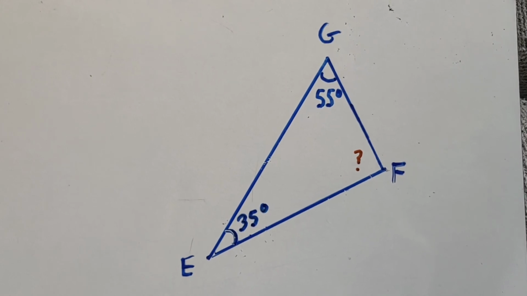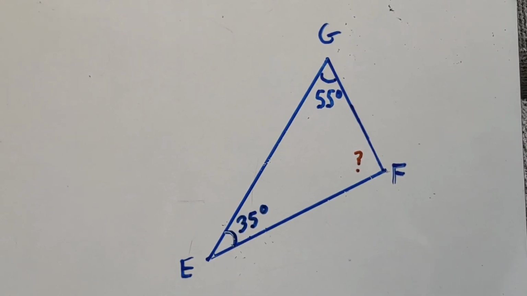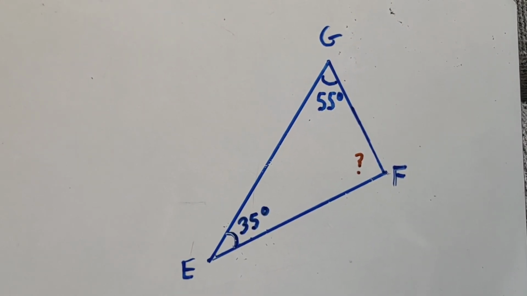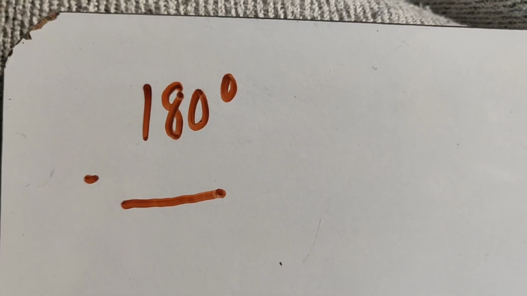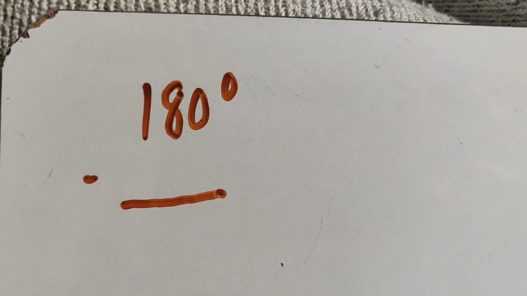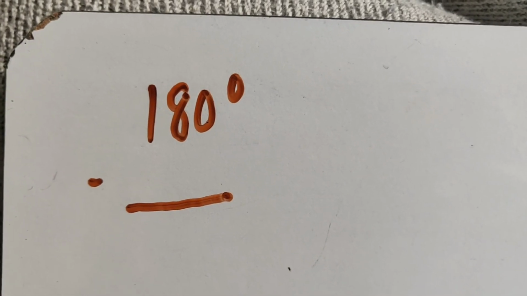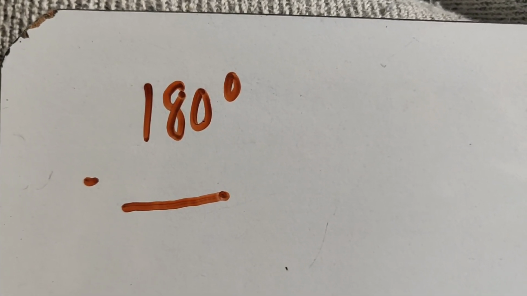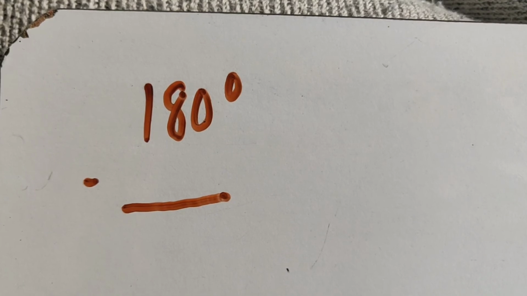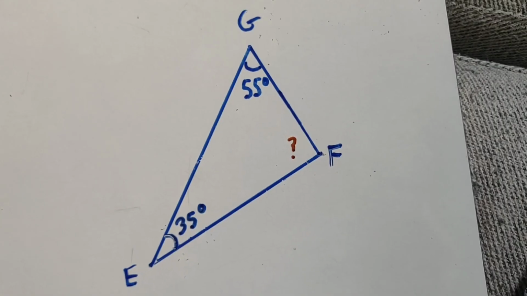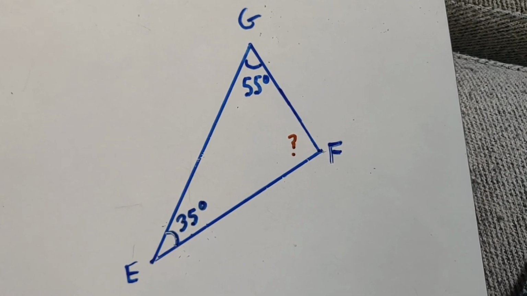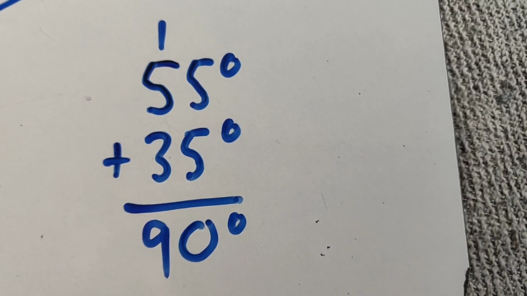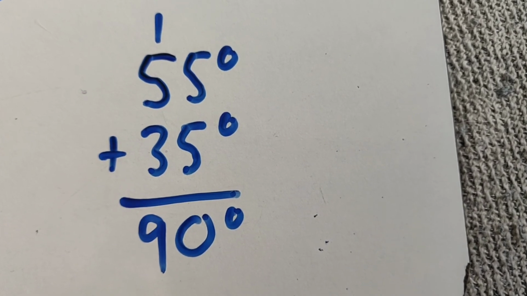Okay, welcome back. The first thing you should remember is that in all triangles, when you add up the three angles, they add up to 180 degrees. So to find the value of the missing angle, we just need to subtract the sum of the two angles we're given from 180 degrees. The two angles we're given are 55 degrees plus 35 degrees, which equals 90 degrees.